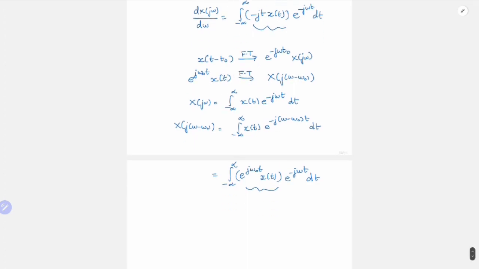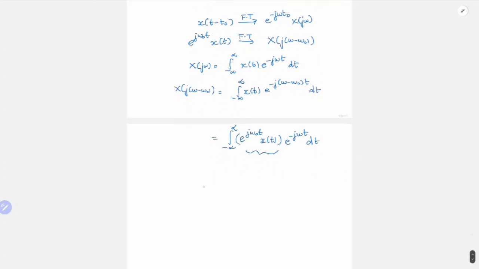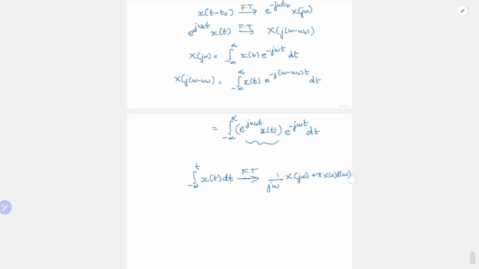Similarly, we can also do it for the integral in the frequency domain, right? So we have the integral from minus infinity to t of x of t dt is nothing but, what did we get? 1 by j omega X of j omega plus pi X of 0 delta omega, right?